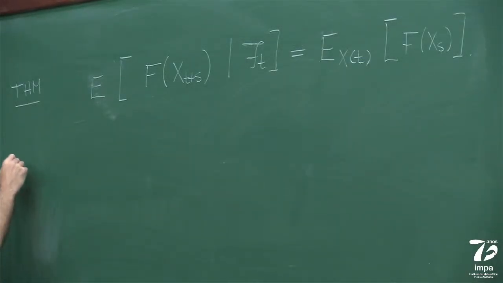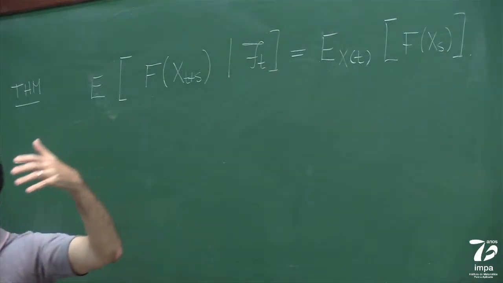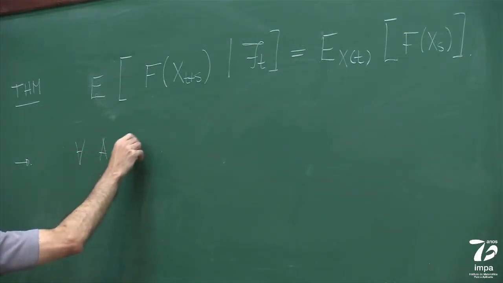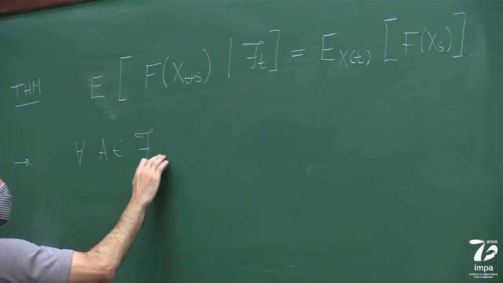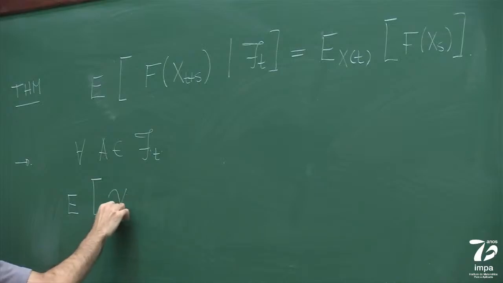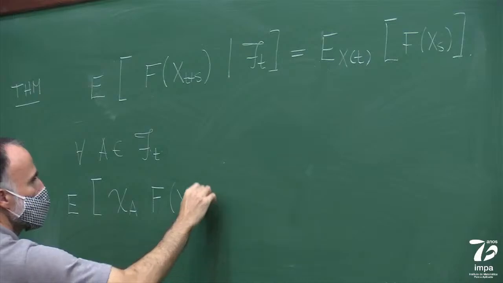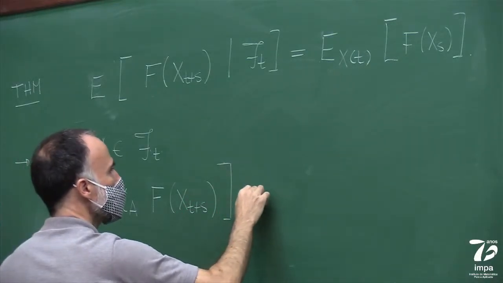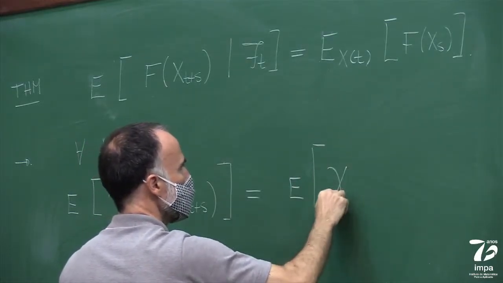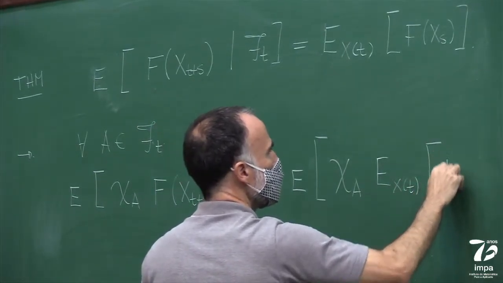So in order to prove that, since this object is clearly F_t measurable, I have to show that for all A in F_t, the expectation of the indicator of A times f of X_{t+s} is equal to the expectation of the indicator of A times the expectation of f of X_s started at X_t.